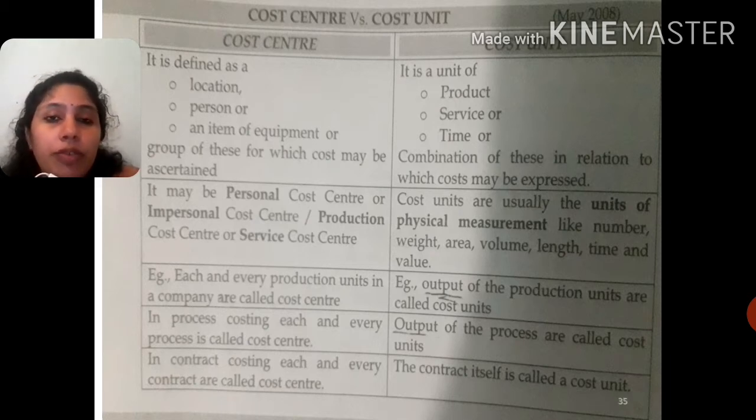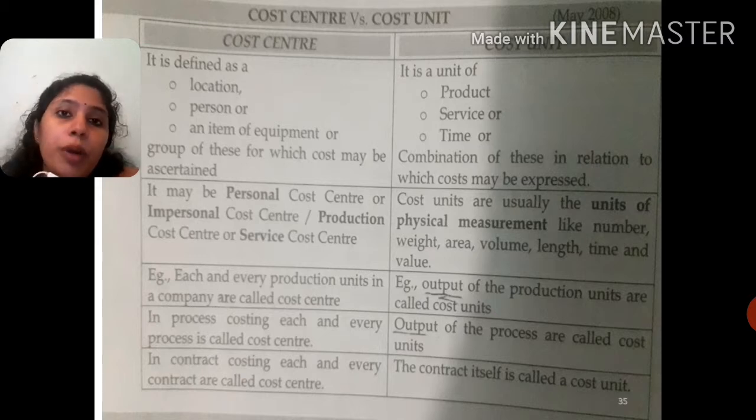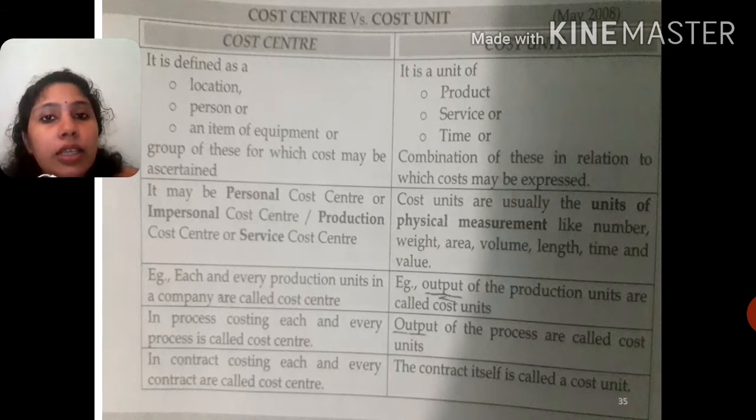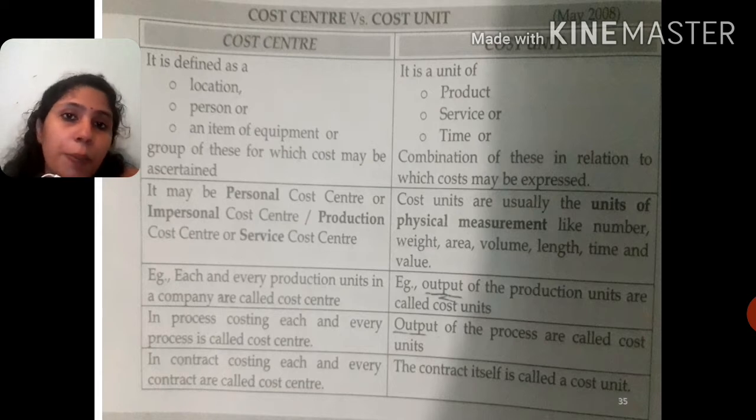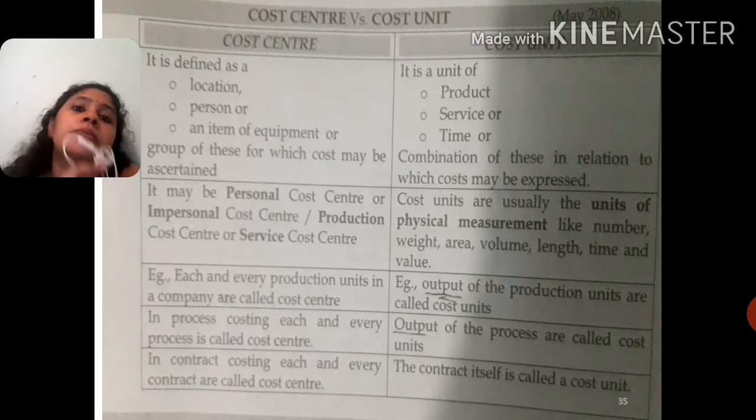In a manufacturing concern, there is a production department, which also can be divided into 2 or 3 parts. They can consider each part as a different cost center and calculate the cost of each. While we are calculating cost, we have to consider each cost center separately.